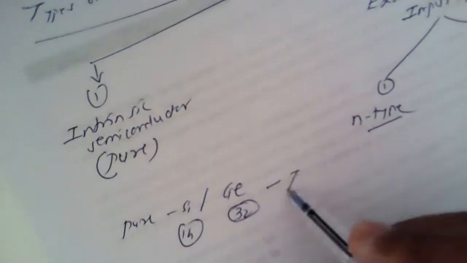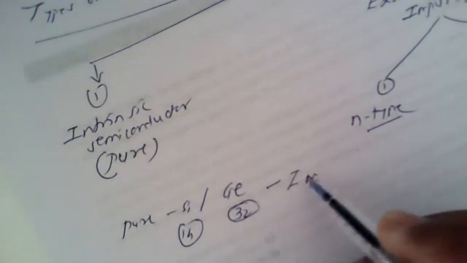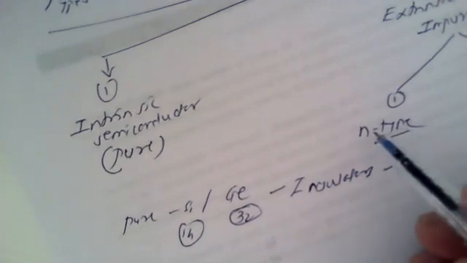We know that pure silicon or germanium, silicon as we know atom number 14 and germanium atom number 32, are insulators. That means they do not carry any current.